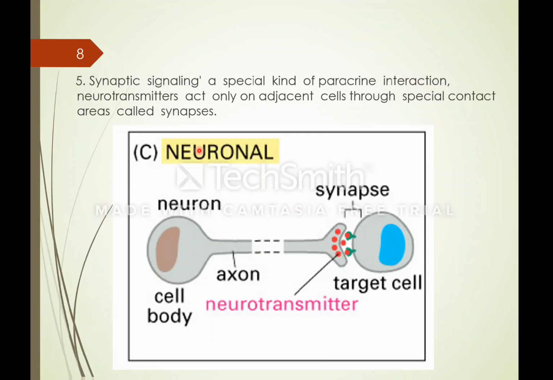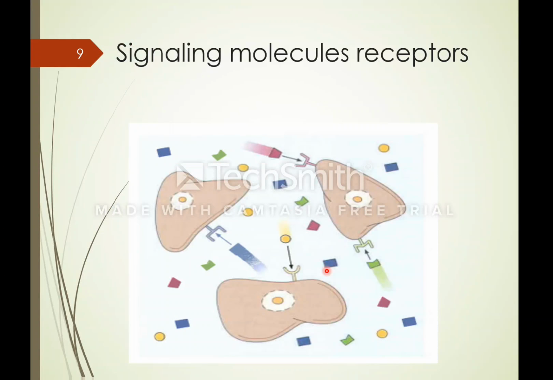And the last one is synaptic signaling or neuronal signaling. That is a special kind of paracrine interaction that occurs in the nervous system. The neurotransmitter acts on adjacent molecules in a part named the synapse, which you will learn about more in nervous tissue.